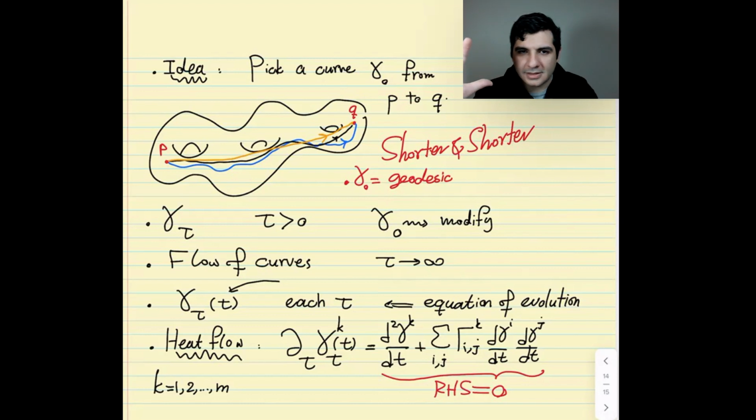If the right-hand side is 0, the left-hand side would be 0. The left-hand side is telling you how you should modify your curve. If it's 0, it means don't do anything. Don't touch your curve. You see, that's a good sign. If you start with a geodesic, it doesn't change. If it's not a geodesic, it would push it in a direction to make it shorter. And at the end, it would converge to a geodesic.